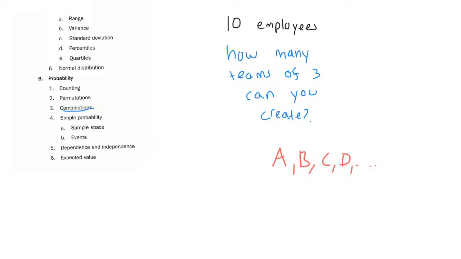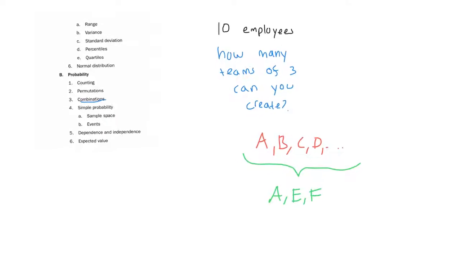Now, what do I mean by the order doesn't matter? Let's say one of the teams of 3 that you pull from the 10 employees happens to be A, E, and F. Well, does it really matter if we list it like this, or if we list it like this?